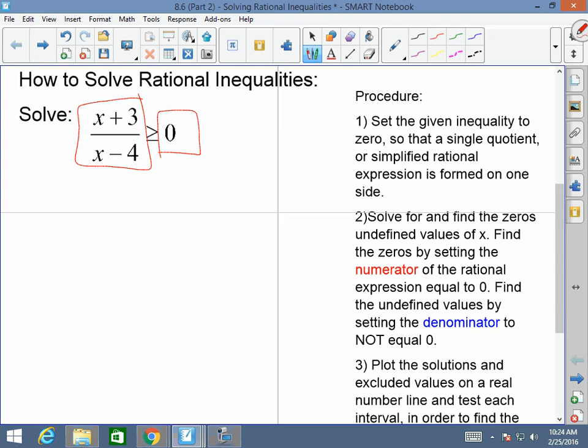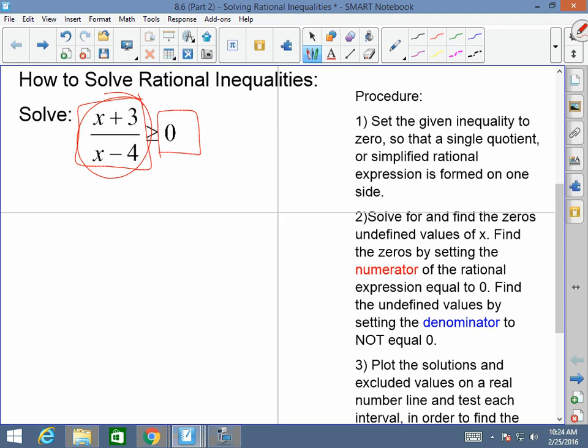You want to set the given inequality to 0, okay, so that a single quotient, a fraction, division, or simplified rational expression rather, is formed on one side.